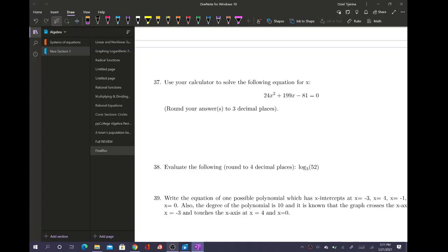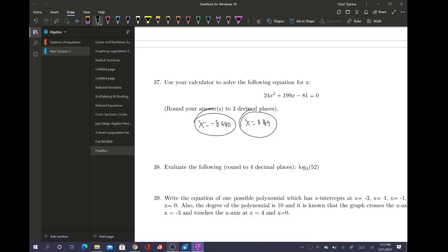But anyways, you go to graph entry edit, and then you do for the zeros, so it's x equals, and for the first one it would be negative 8.680, and then x equals 0.389. These are your two roots.